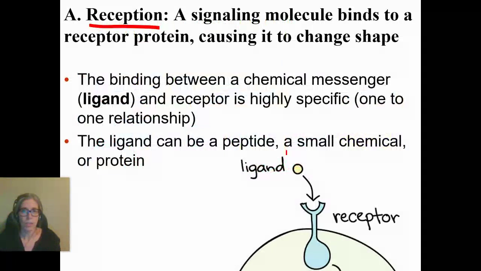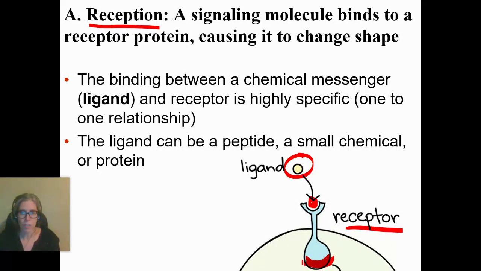A signaling molecule, or a ligand, binds to a receptor protein, causing it to change shape. So here's the receptor, and again, they're very highly specific. The ligand will fit right here into the receptor, and once they bind, typically it's going to cause a shape change here.